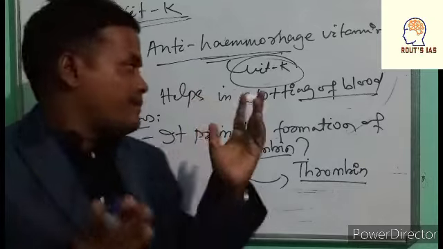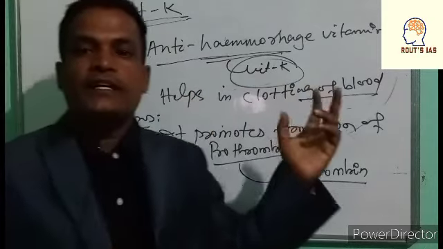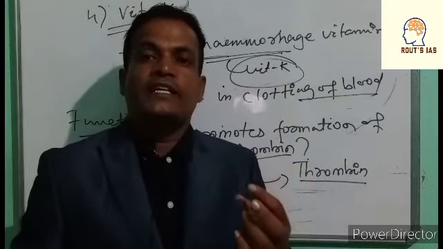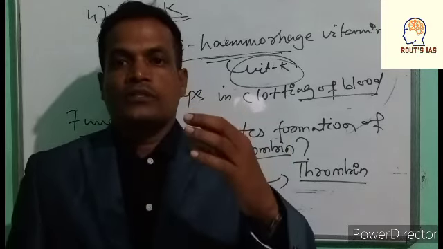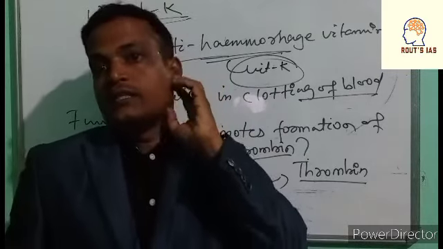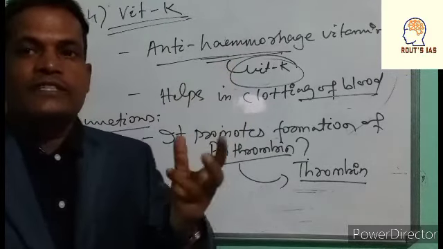That is, if vitamin K is there, prothrombin formation will be activated, and it will promote the formation of thrombin, which again helps in the clotting of blood.